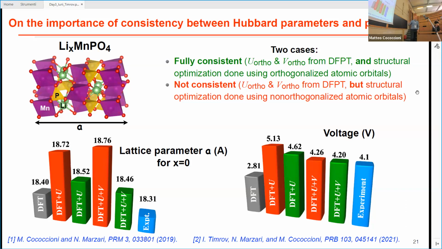But if you start mixing things, let's say you compute U and V with orthoatomic orbitals, but then you perform structural optimization with non-orthogonalized orbitals but with those values of U and V, you would have voltages which are much off with respect to the experimental value. Sorry, this is for the lattice parameter, apologies, and this is for the voltage.